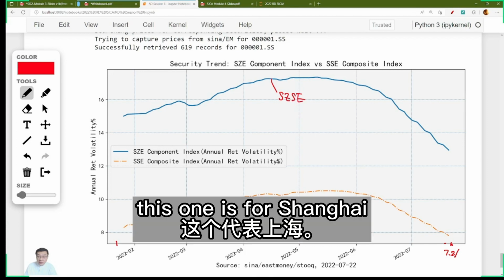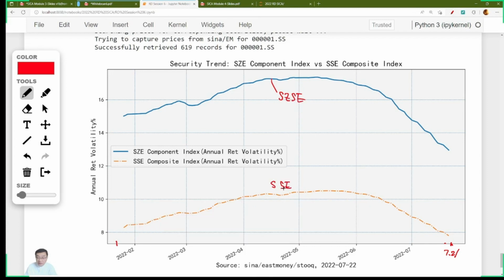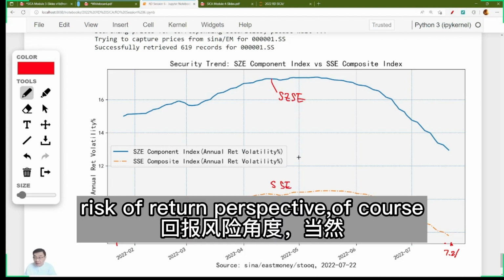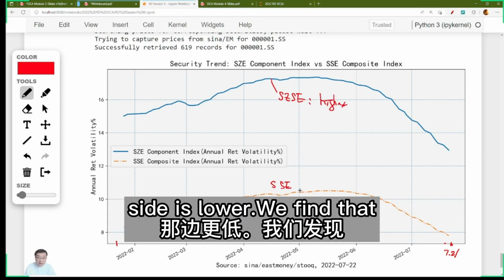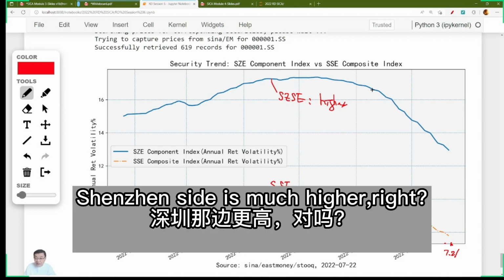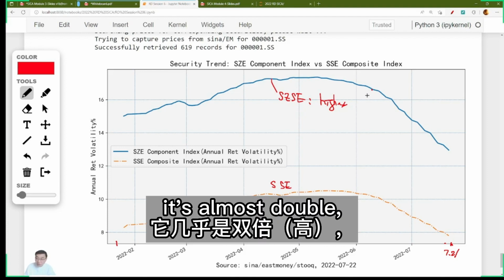This one is for Shanghai. So from the periodic risk of return perspective, of course, Shenzhen side is higher this year and Shanghai side is lower. We find that Shenzhen side is much higher, right? It's almost double.